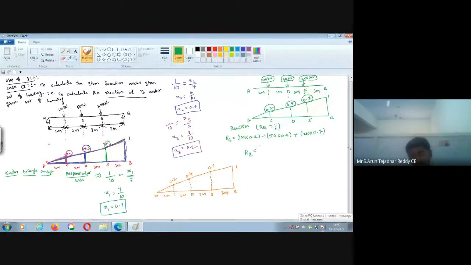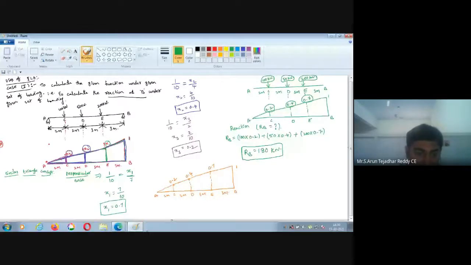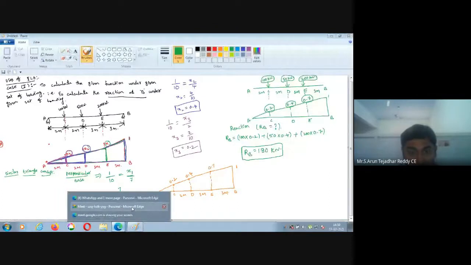That is 180 kilonewton. Here the RB is 180 kilonewton. See, already we know our old process, that is the equation of equilibrium process. So you can take the equation of equilibrium and calculate. Definitely you will get the same value for RB. Wait for 1 minute. Before that, all of you take a screenshot.